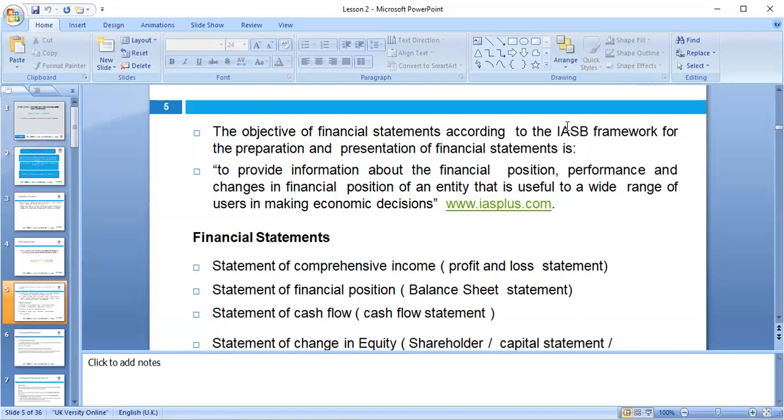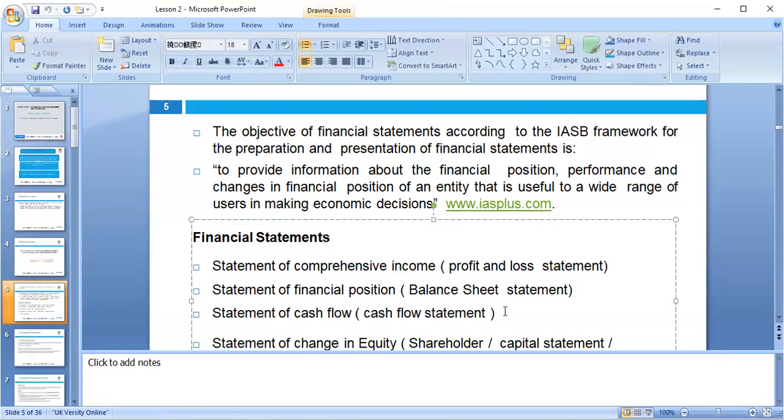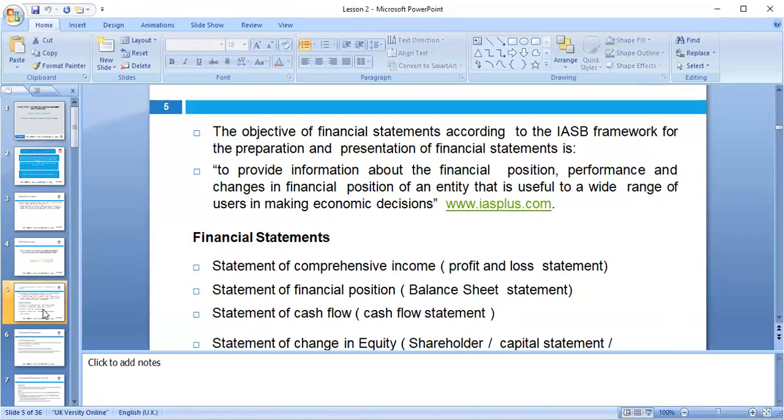Then the statement of cash flows shows operating, investing and financing activities, how much cash goes in and out of the business.